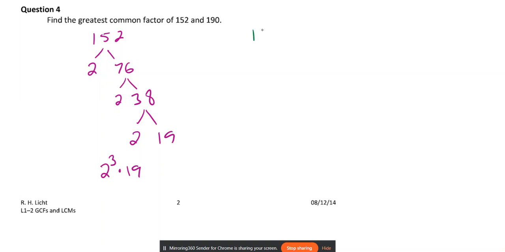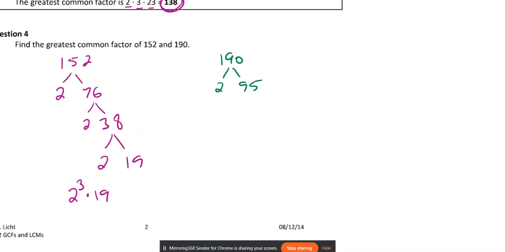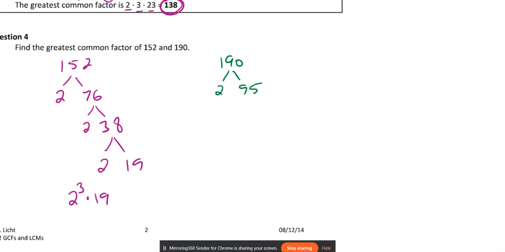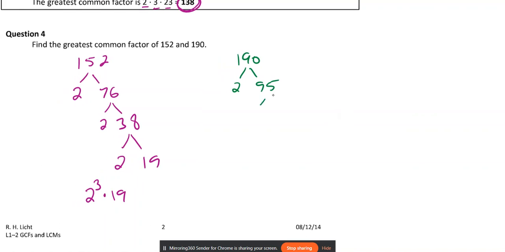So 190 could be 2 and 95. Right. Okay, and 95 can be broken up as 5 and 19. So it looks like that's it. So all we can do here is 2 times 5 times 19.